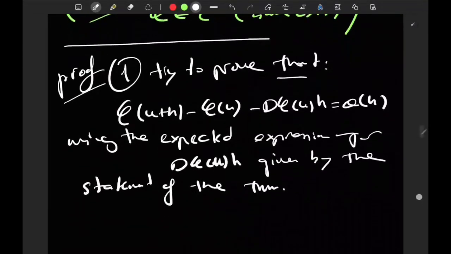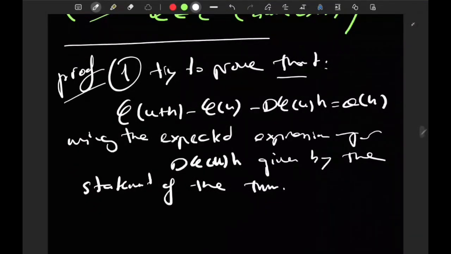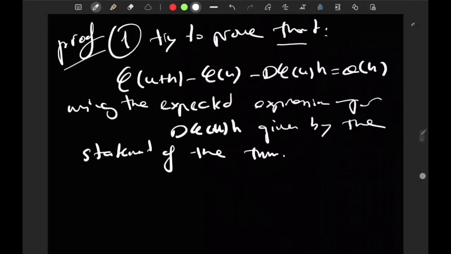But this is cheating because you are relying on the person who stated the theorem, who is telling you that this is the derivative, right?